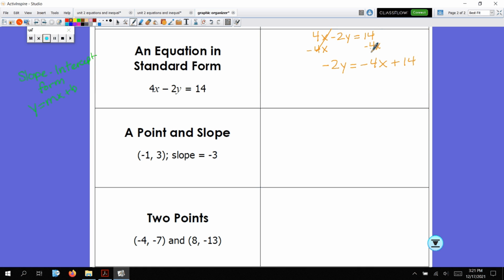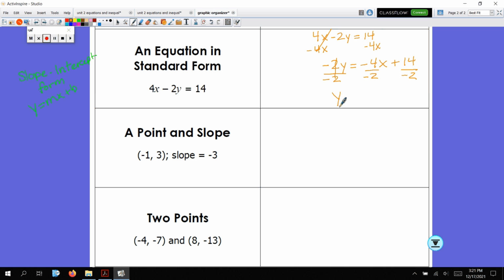Now, I need to get y by itself. Some people might say you want to add 2, but this is not subtraction. This is multiplication. Here, I am multiplying -2 times y. How do I undo multiplication? I divide. So we divide by -2. Now, when we divide, everybody gets divided. This goes away.